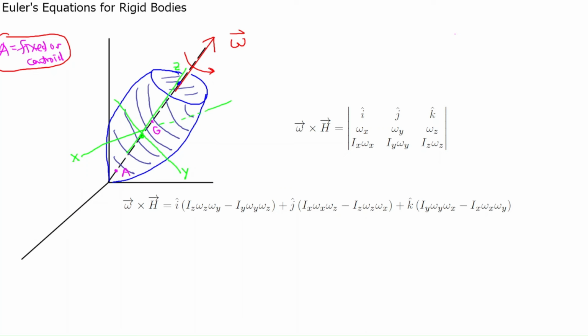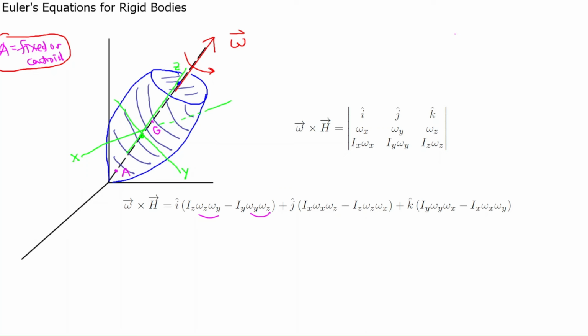Now, again, I've written the omega's components in a specific order here just to keep things straight. But what you'll notice is that I've got a pair of common factors that I can remove from each component there.